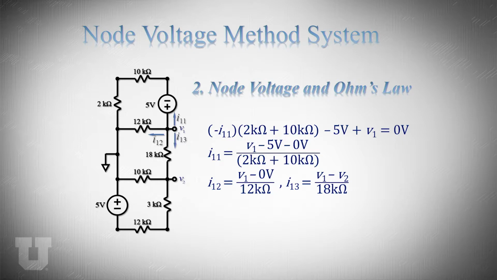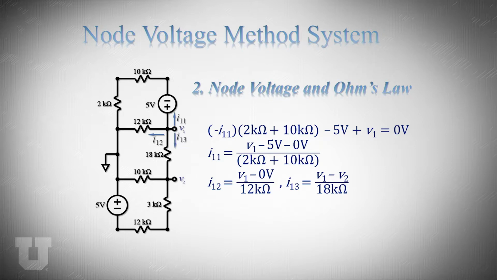For I12, if we use node voltage, it's basically just V1, which is our initial voltage, minus 0, the reference, divided by all the resistances in that branch. It is the same for I13, so we have V1 minus V2 divided by 18K.